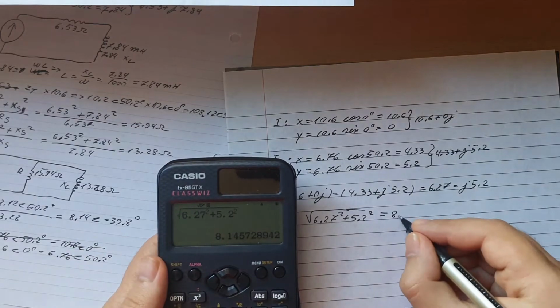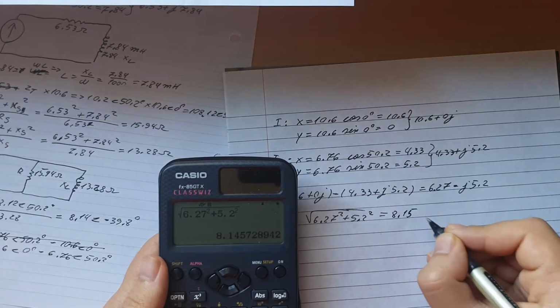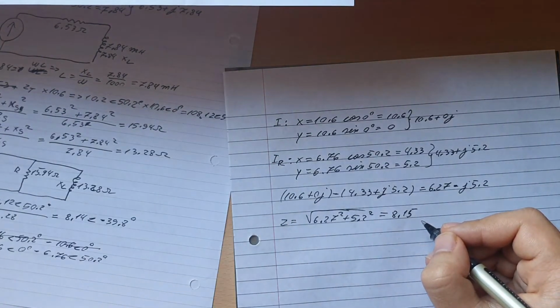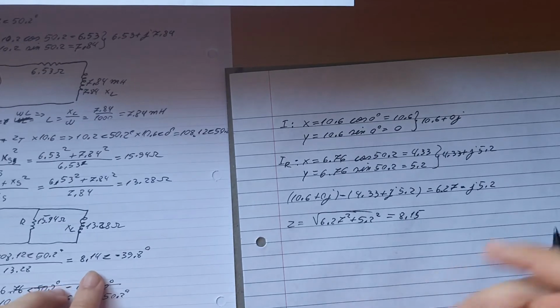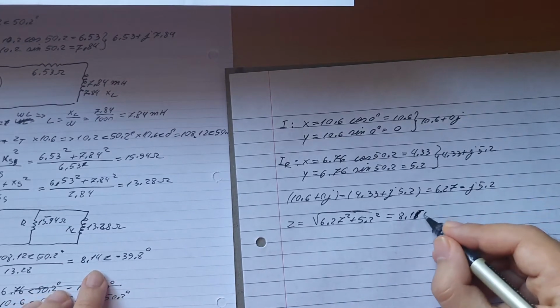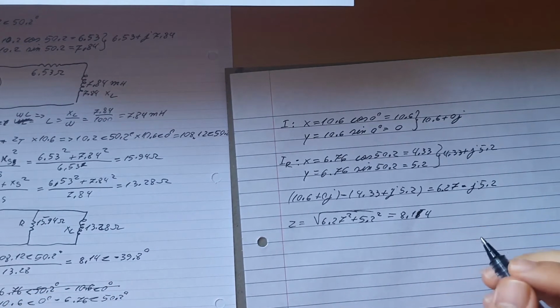That will be equal with 8.15, let's say 8.15. But actually, what was the answer? Was it 8.14? Yeah, it was 8.14. Let's just leave it at 8.14 for the sake of it, because it was a small difference anyway.